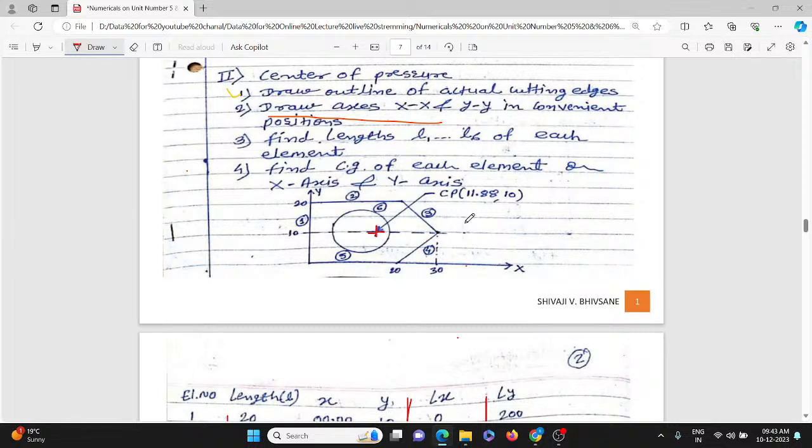Okay, so the center of pressure will be calculated. The procedure for calculating it will be the same, whatever the shape of the component.